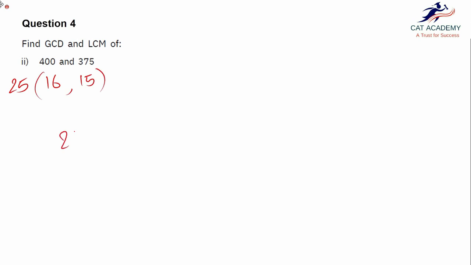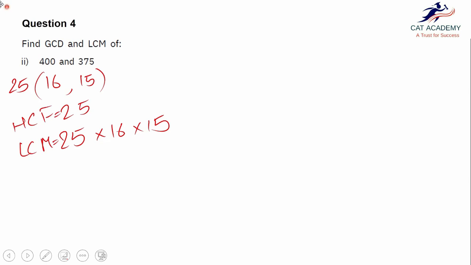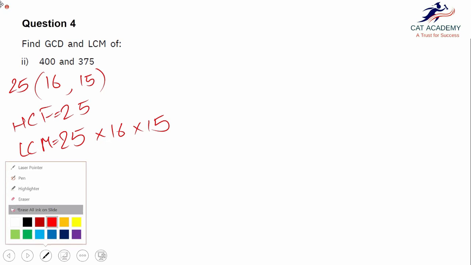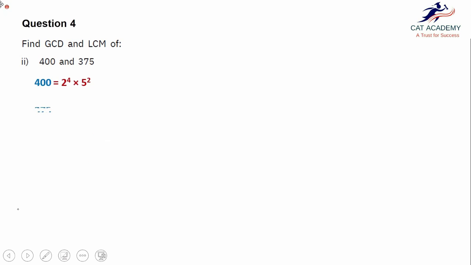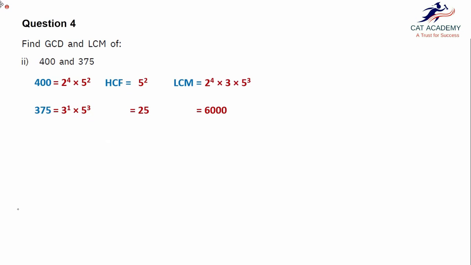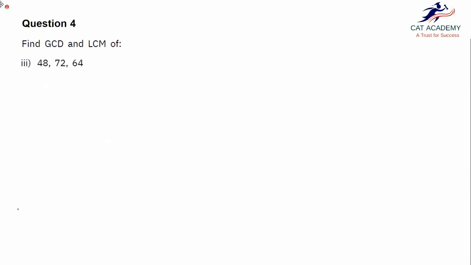So my LCM should be 25 into 16 into 15. And HCF should be 25. It's okay. We can keep it at that. No need to actually multiply and calculate. That's fine. In case you are calculating, it will come out like this. Next, try this.